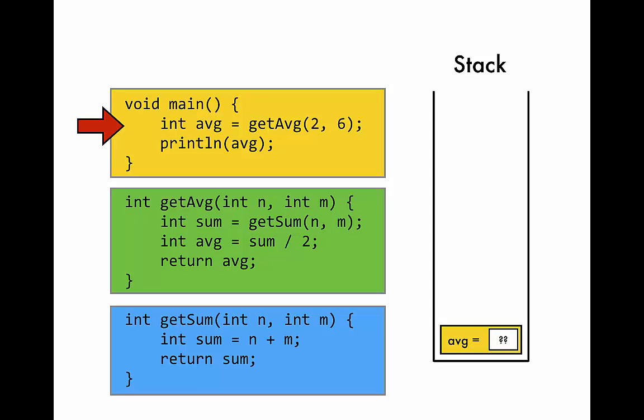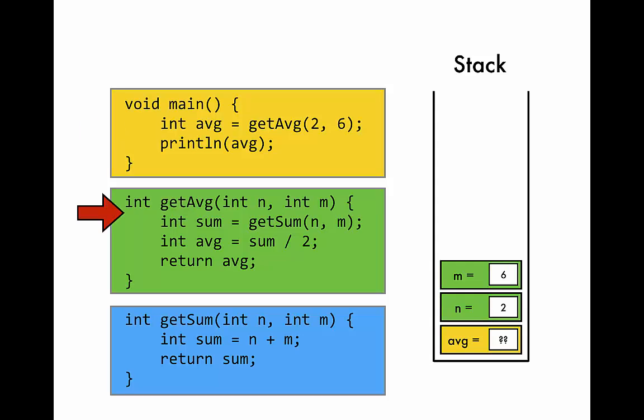And when we call the getAverage method, the 2 parameters n and m are placed on the stack. We know their values because their values are the arguments that the main method passed in, 2 and 6. Next, we declare a variable named sum, and we call the getSum method with n and m, which we know are 2 and 6.